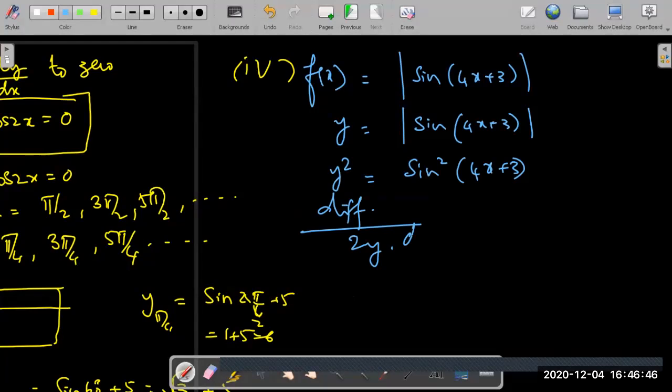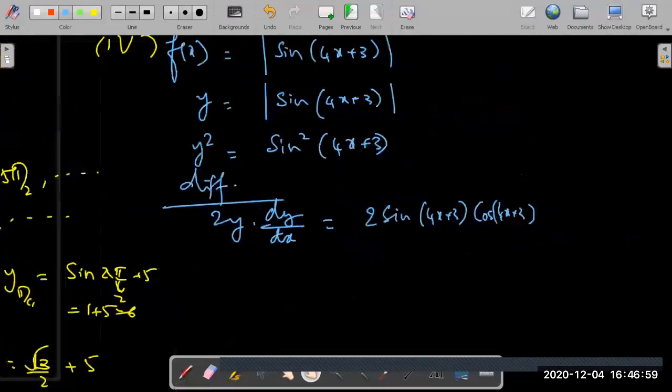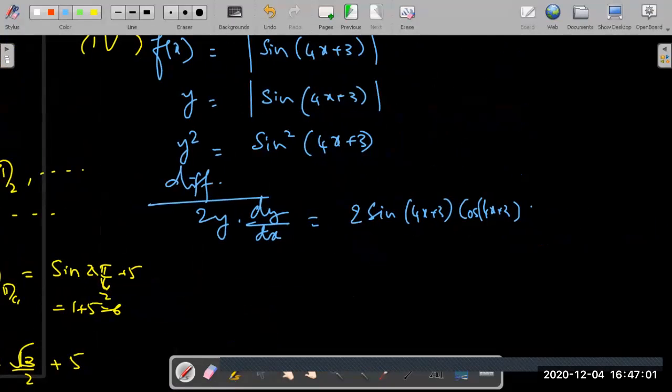This is 2y into dy by dx equal to 2 sine 4x plus 3, and for sine it is cos 4x plus 3, and for 4x plus 3 the chain rule gives 4 multiplied by 4. So these two get cancelled.